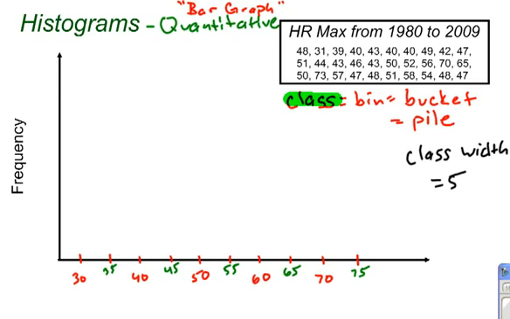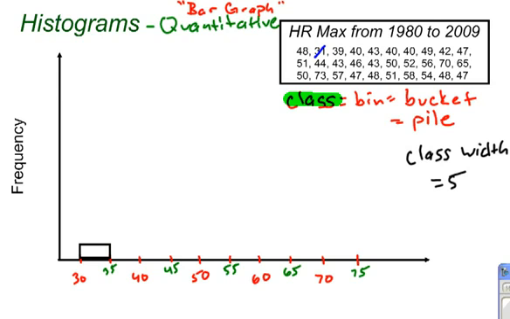So let's go through here and see if I can get all of them. So there's 31, so there's 1 in that class. And as I look, there are no others in that class. I'm going to use my tool up here to create a nice bar.